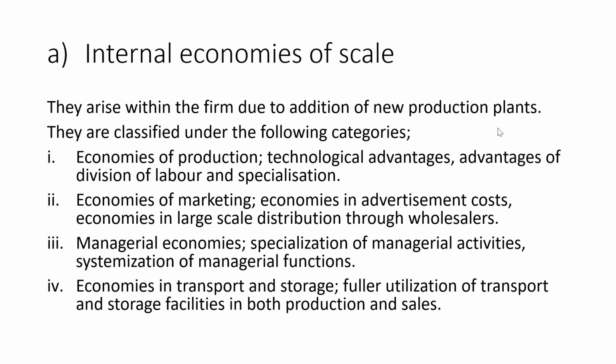Another way economies of marketing are obtained is through economies in large-scale distribution through wholesalers. So you find that the cost of distributing output is reduced since you're distributing to wholesalers and not to many retailers or consumers.